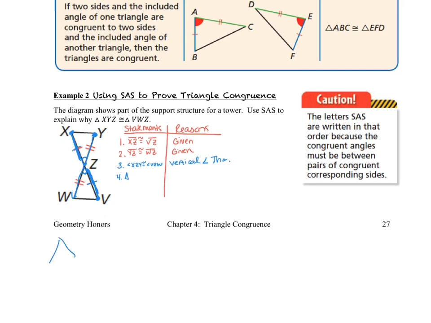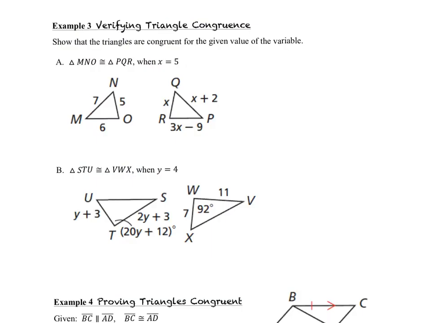If I redrew this, X, Z, Y, then I know that V would be right here because XZ is supposed to match VZ. They have the same tick mark. So it's going to go VZW. Triangle XZY is congruent to triangle VZW by SAS.